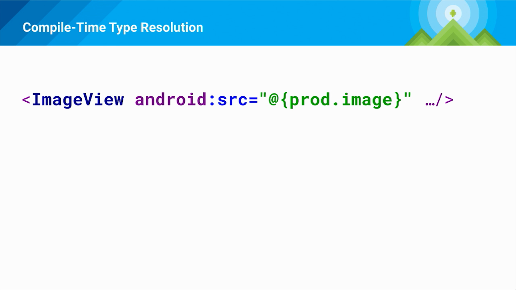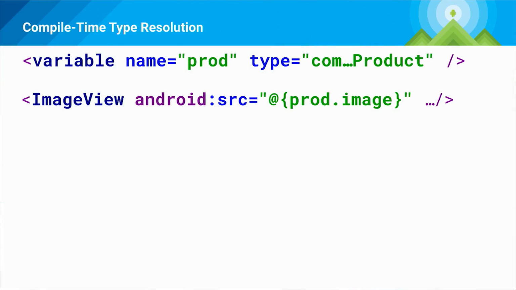Okay. So how do we do this? One important aspect of data binding is that almost everything is done at compile time. So when we see an expression like this, while your Java code is being compiled, we go check, okay, this product, we know what type it is because you told us. Now we say, okay, product.image. Product has an image field or an image getter.